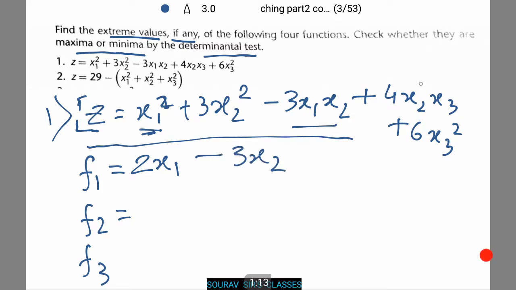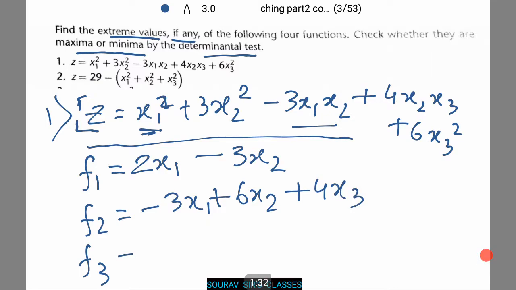Notice all the other parts of this equation do not contain x1, hence they cancel out to become 0. Next, similarly, f2 equals minus 3x1 plus 6x2 plus 4x3, and f3 equals 4x2 plus 12x3.